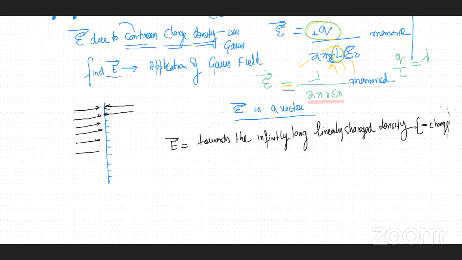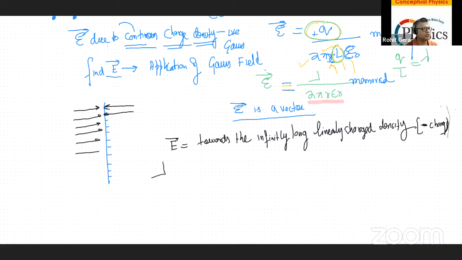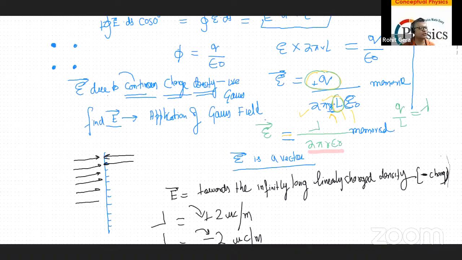They can give you lambda to be plus 2 microcoulomb per meter. They can also give you lambda to be minus 2 microcoulomb per meter. Any value can be given, but you have to be very careful about the signs, whether it is plus or minus. Any doubts in your mind so far?